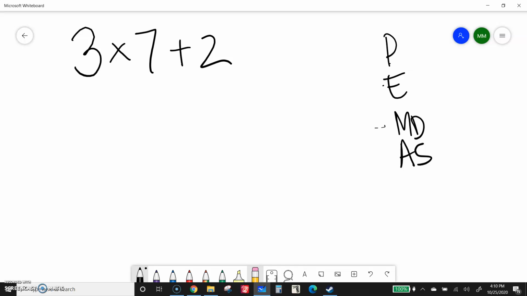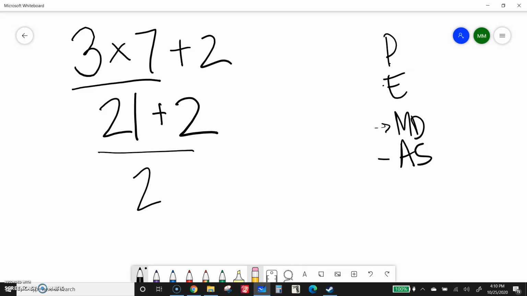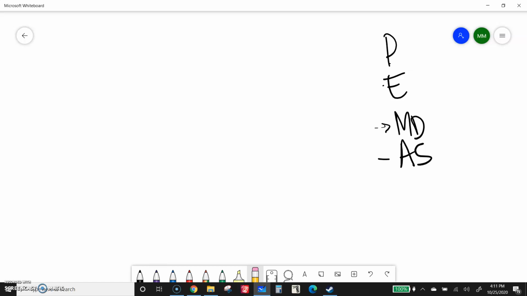Exponents we can skip. Multiply and divide, so we do start with that. We get 3 times 7 is 21. I like to copy everything else down that I haven't used yet, and then we're to adding and subtracting, so we get 23. All right, so pretty straightforward.